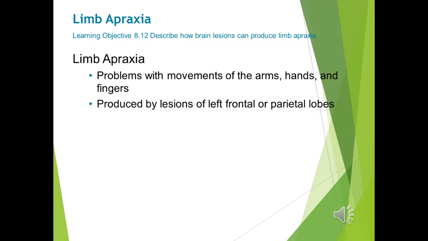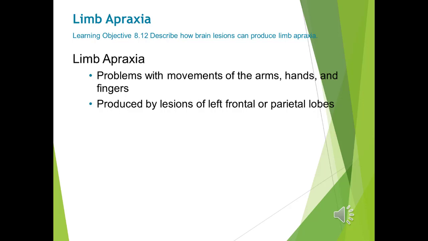Their voluntary and non-reflexive nature corresponds to their categorization as disorders of complex motor function or skilled movement. So limb apraxia involves problems with movements of the arms, hands, and fingers, such as the movement you might use to operate a screwdriver or open a latch.